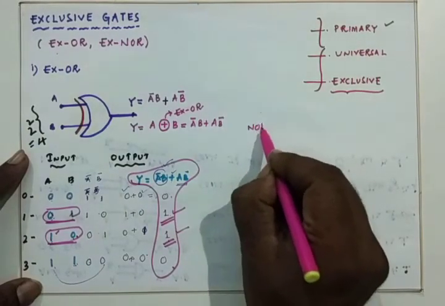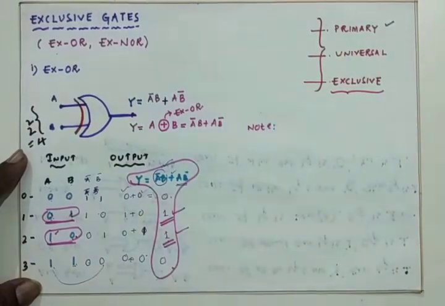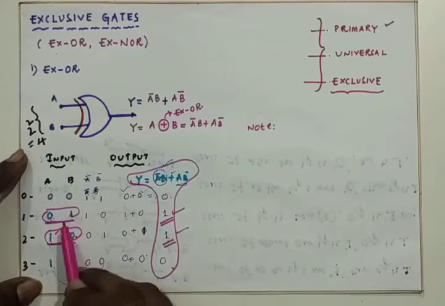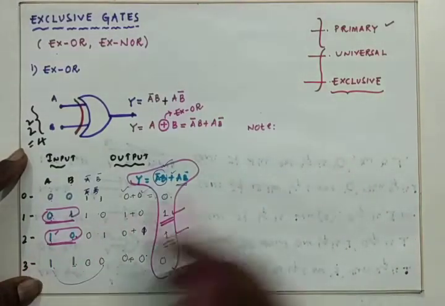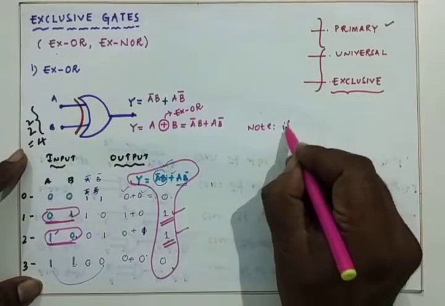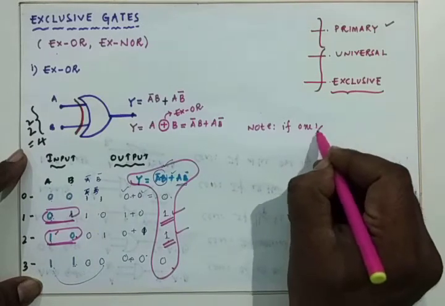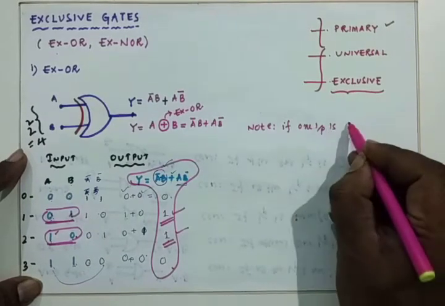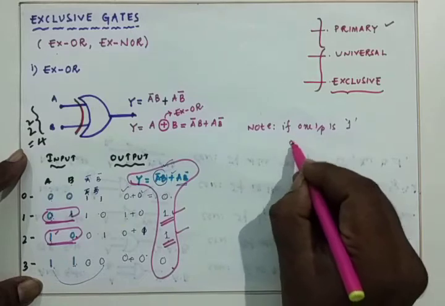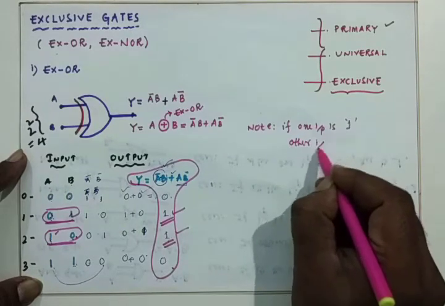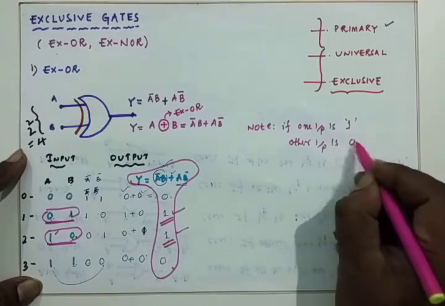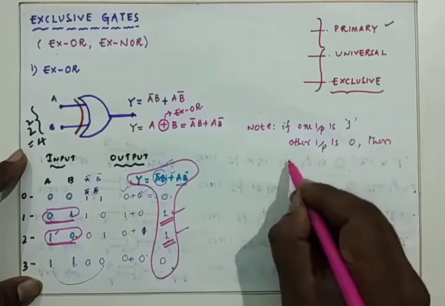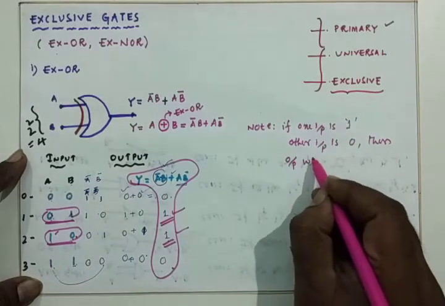Note that in case of exclusive OR gate, for the two inputs, if one input is 1, other input is 0, then output will be 1.